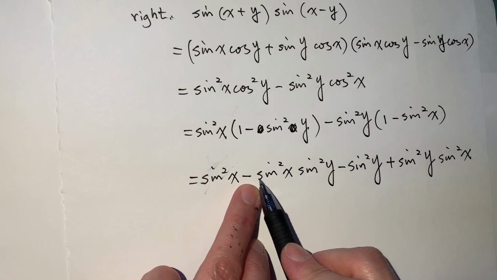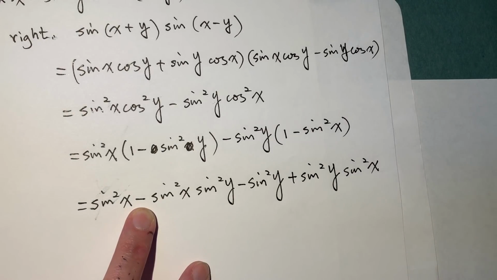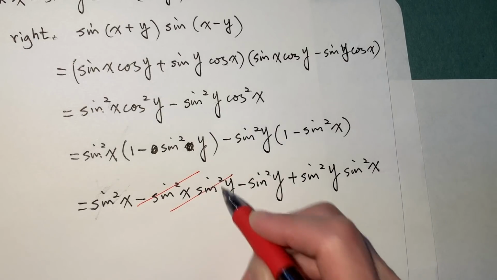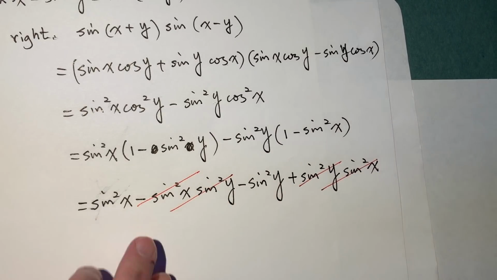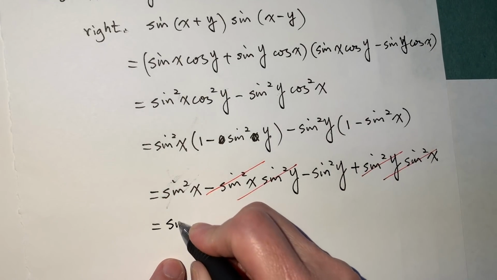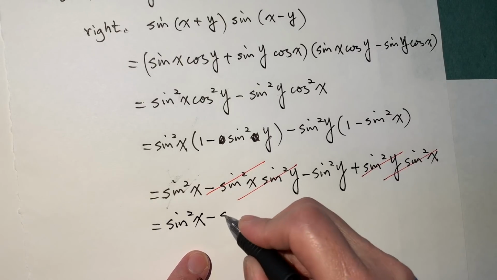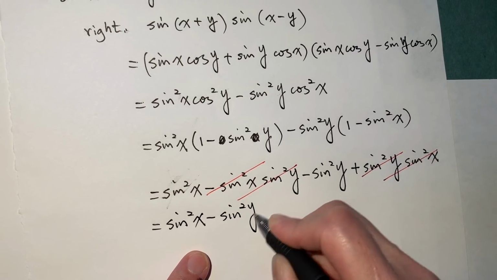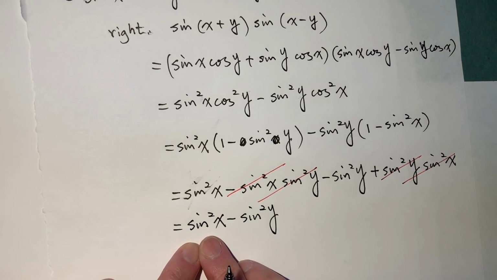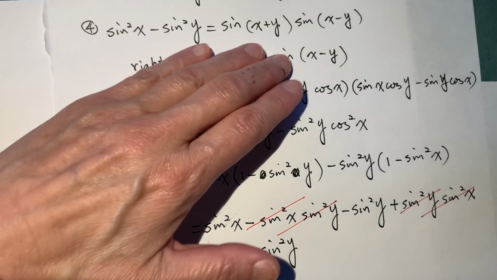So negative sine square x sine square y, positive sine square x sine square y, cancel out. Use my red pen. So it becomes sine square x minus sine square y, the leftover.